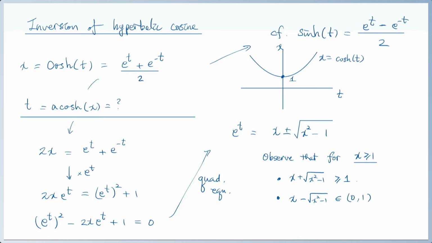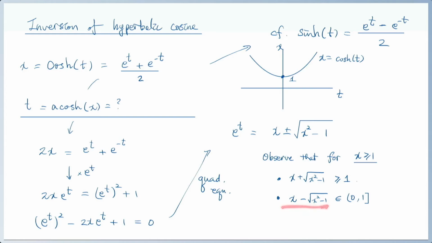Okay, 0 and 1, so close bracket to 1. This is something that you can confirm using calculus, but I'm not going to go over the details.